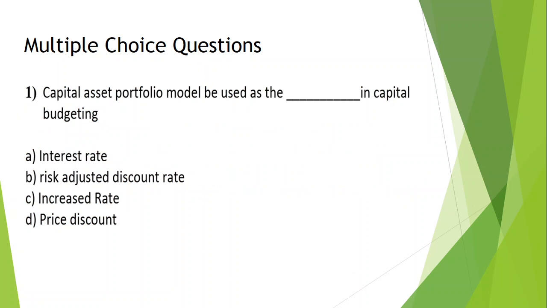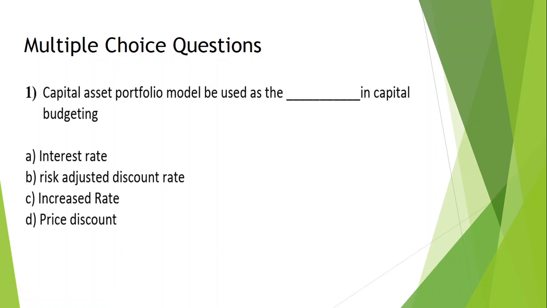Dear students, let us understand the concept with a few multiple choice questions. The first question of this particular session: the capital asset pricing model can be used as the dash in capital budgeting. We have four options. Option A, interest rate.